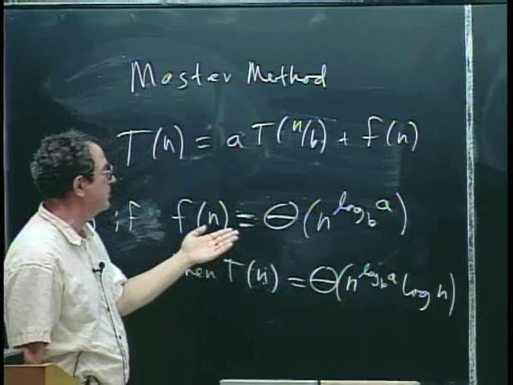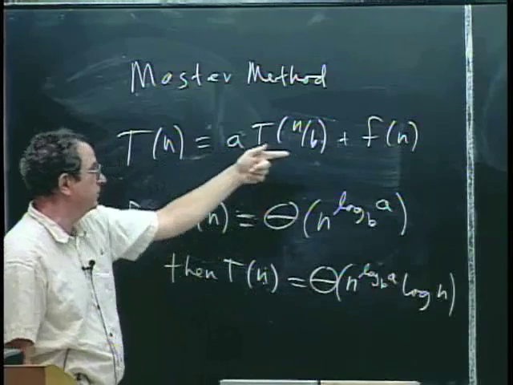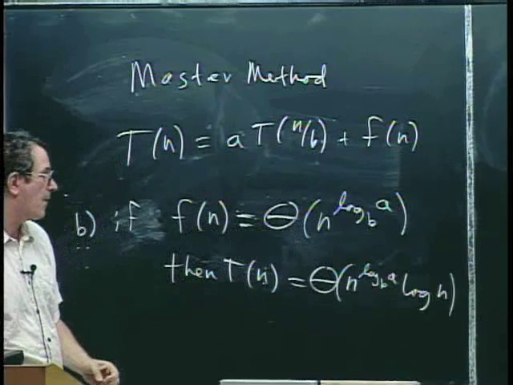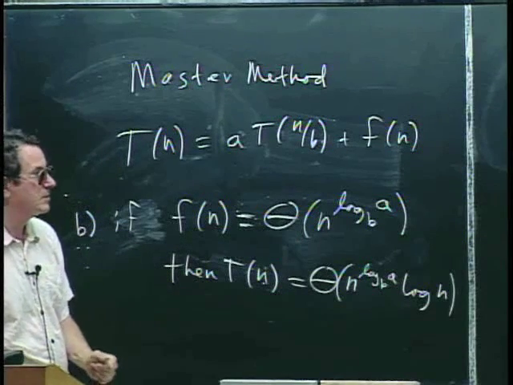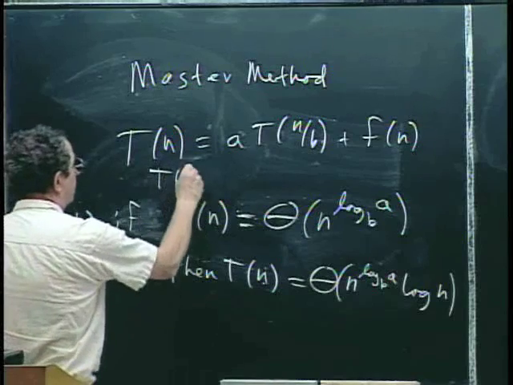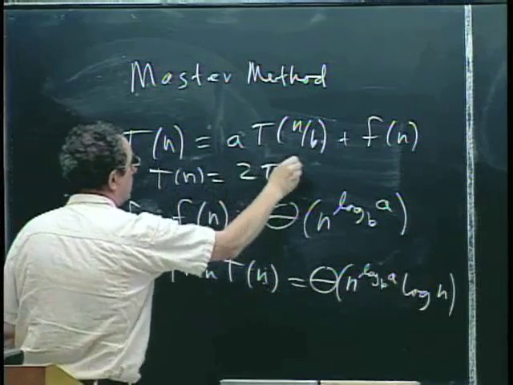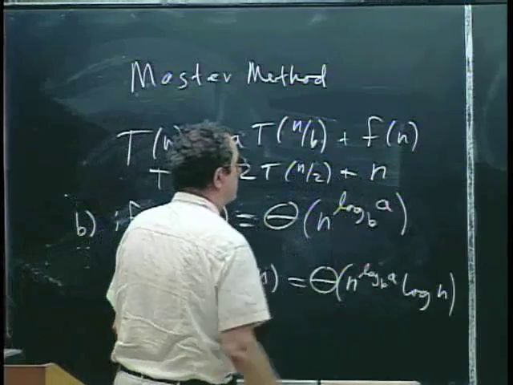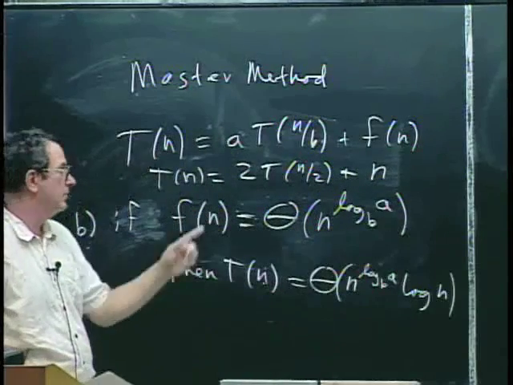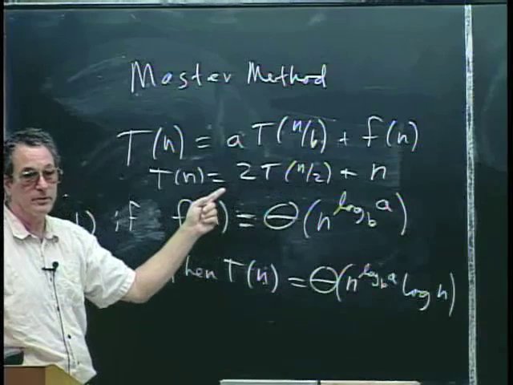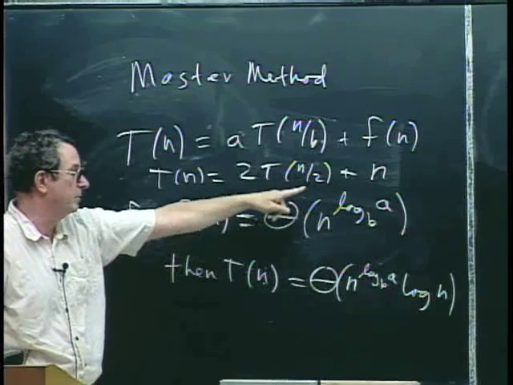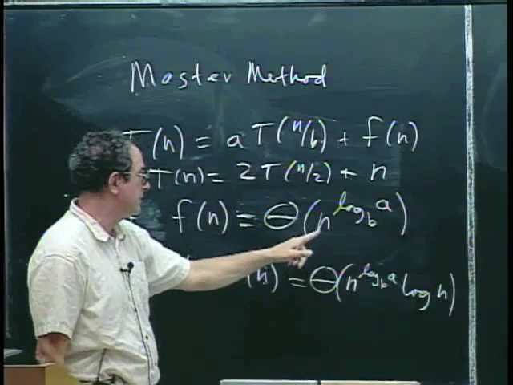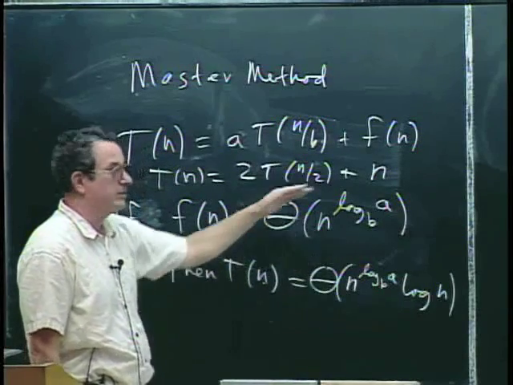So what recurrence relation have we seen that fits this rule? What about, well, I'm hoping this will work out, T of n equals 2 T of n over 2 plus n. This was the merge sort recurrence, right? So A is 2, B is 2. What's log base 2 of 2? It's 1. So this is n. F of n is n.